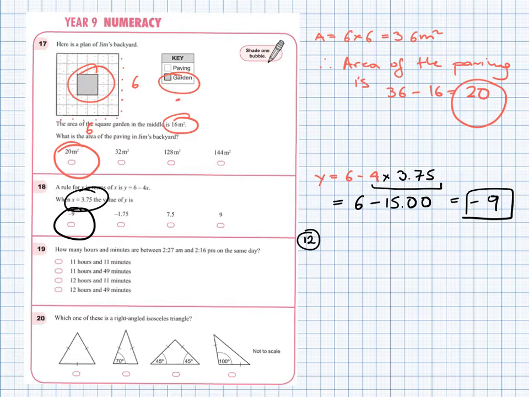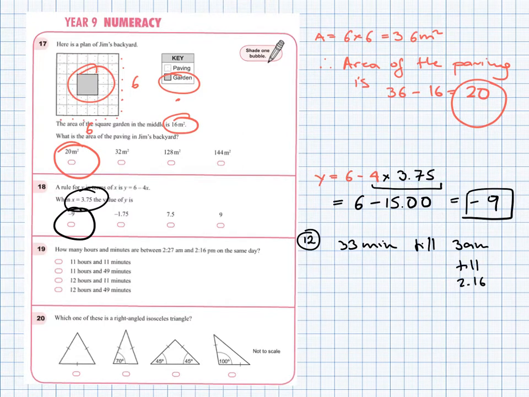So now, from 2:27 until 3 o'clock in the morning, we're gonna have 33 minutes till 3 a.m. And then we have a whole day until, let's say, 2:16.